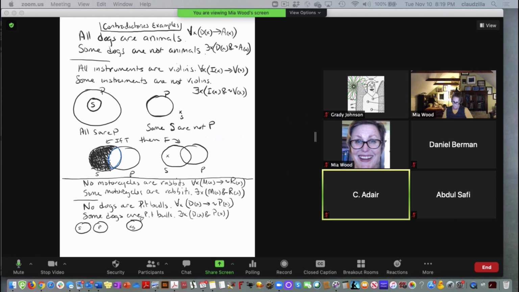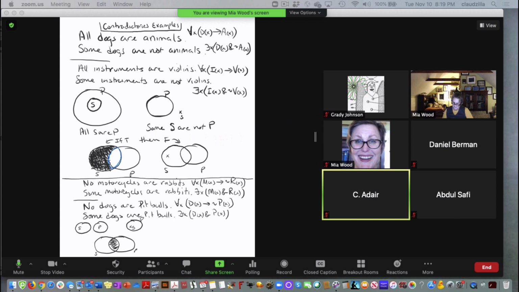But we can work the Venn diagrams. Remember that shading represents emptiness. In other words, wherever there's shading, it's impossible for anything to be there.